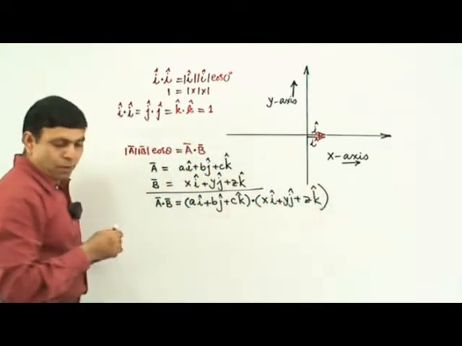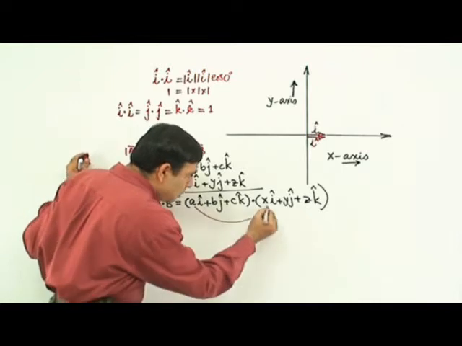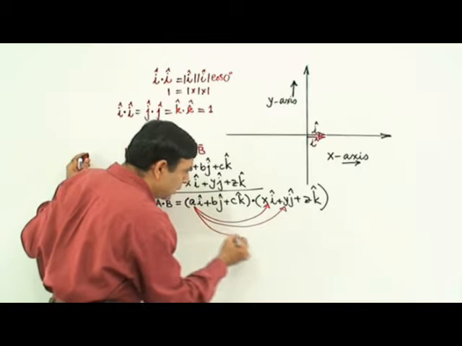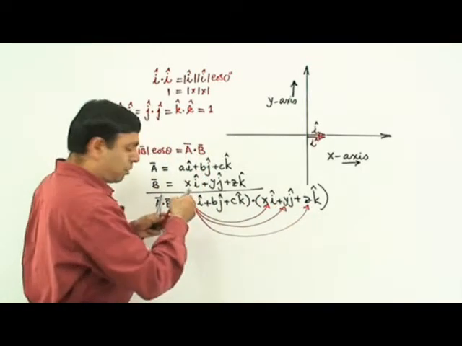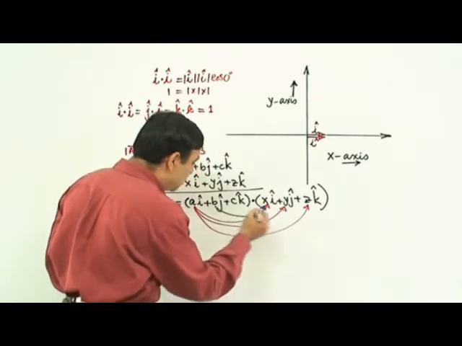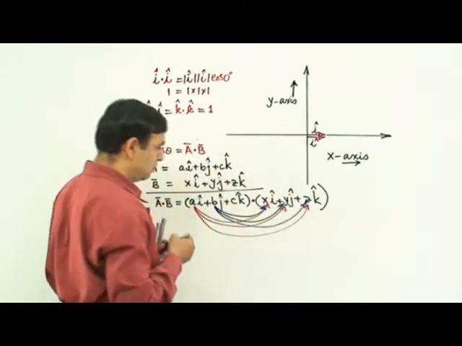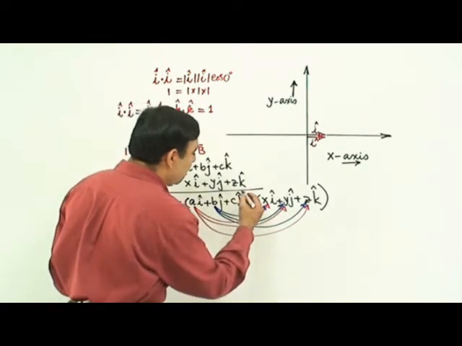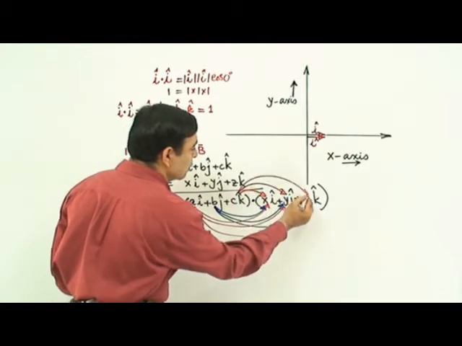If you go by simple multiplication, this dot this, this dot this, this dot this, you have three terms. Then when you take the next one, again three more terms. Finally you have three more terms.